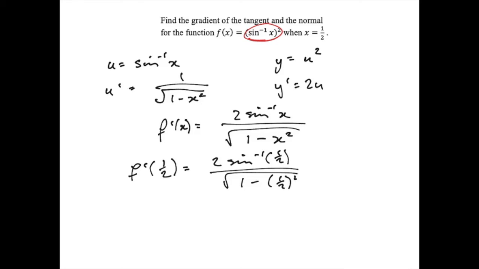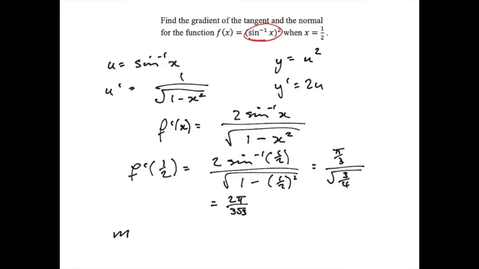Okay, so inverse sine of 1/2 is pi on 6. So 2 times that will be pi on 3 over root 1 minus a half squared. Half squared is a quarter, so 1 minus a quarter is 3/4. And just simplifying things a little bit there, and we get 2 pi over 3 root 3.